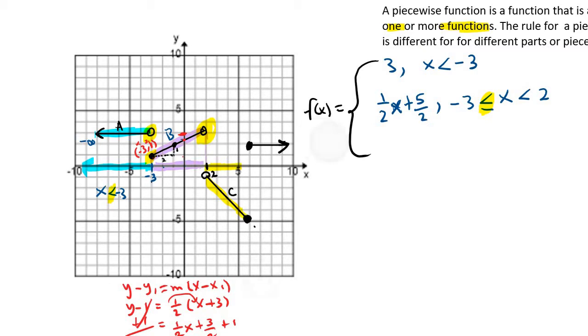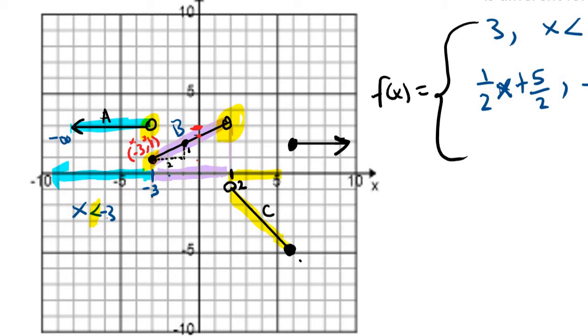It's going to start from there and end right there. So we can see the domain is from 2 all the way to 6, because that's the area the graph is covering.